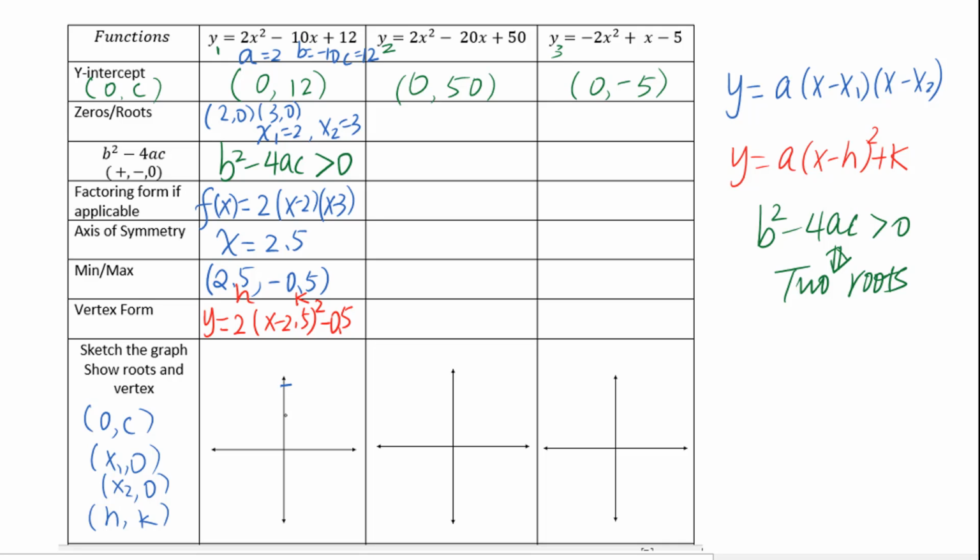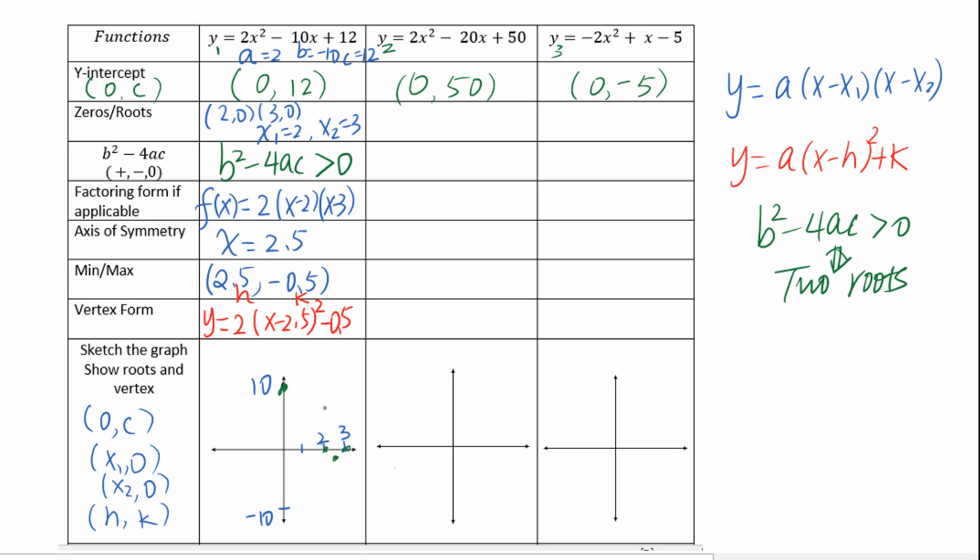Label 0, 10. So let's label, this is a 10, here is a negative 10. So on the graph, you need to show these 4 points.